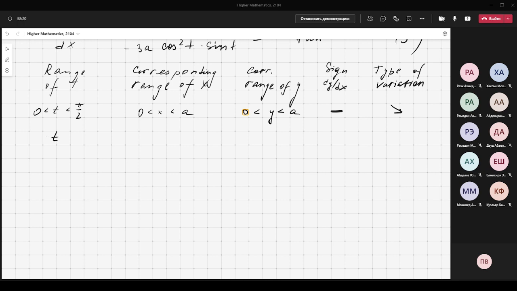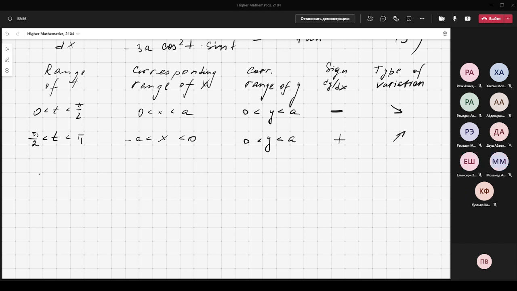If t goes from pi over 2 to pi, x goes from minus a to 0, y from 0 to a. The derivative has a positive sign and our function increases.